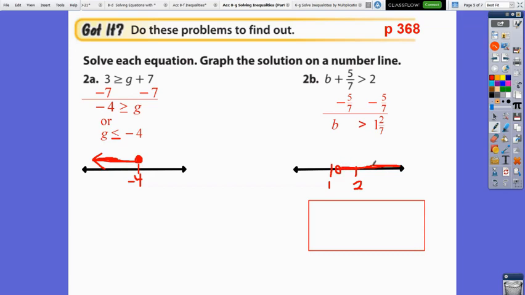Okay, if you draw your line right on top of your number line, because you have to draw in the number line yourself, make sure it's nice and thick, or you can do squiggly lines or something like that. Okay, just to make sure I know where the solution is and that it's not your number line. There you go. Okay, that is solving inequalities by adding or subtracting.